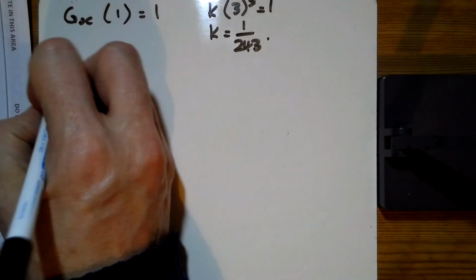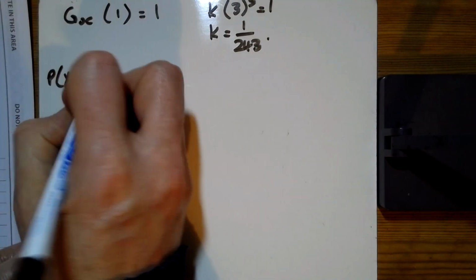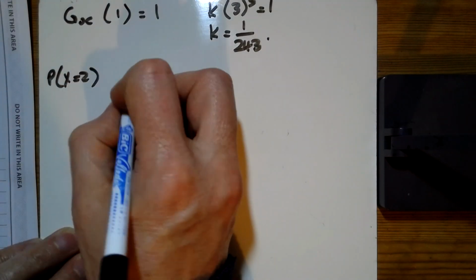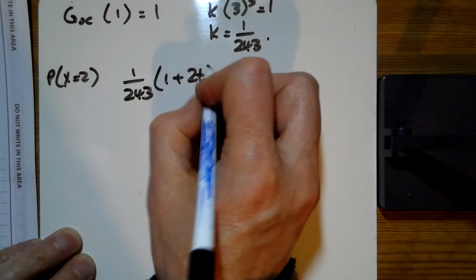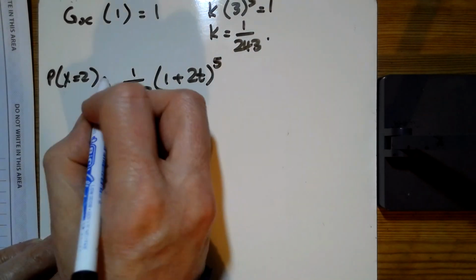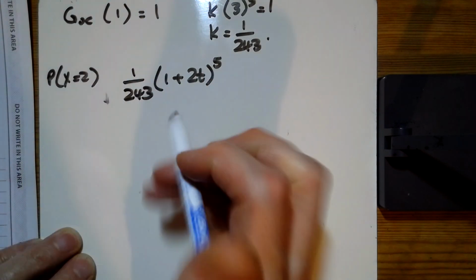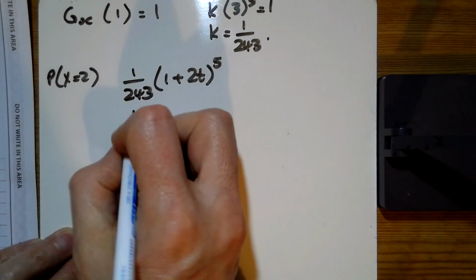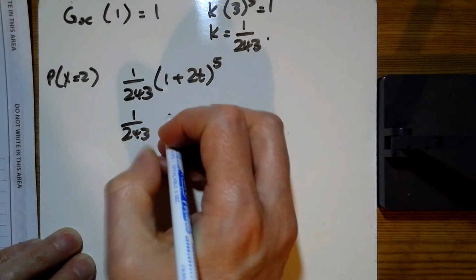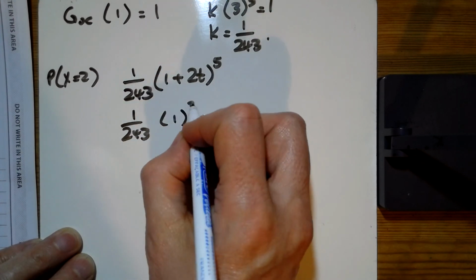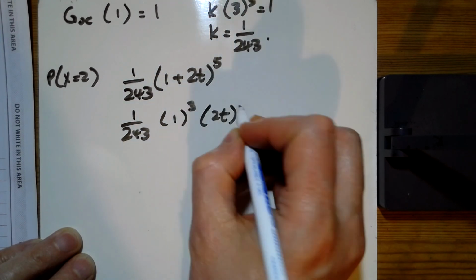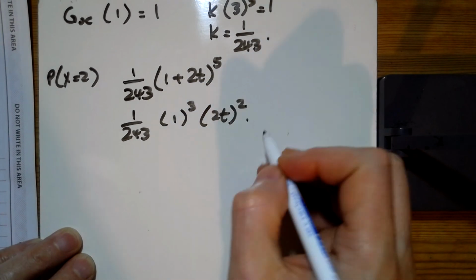So now find out the probability that x is equal to 2. So we've got 1 over 243 times 1 plus 2t all to the power of 5. So we want the t squared value here, don't we? So the t squared value means we're going to get the 1 three times, the 2t twice, and how many ways are there of doing that?